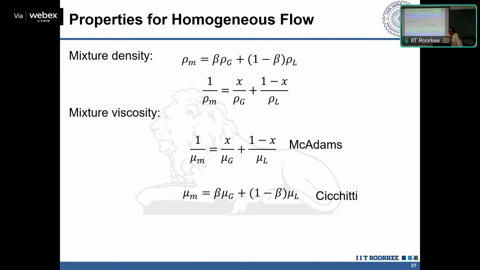This is the major advantage of homogeneous flow: you can estimate the mixture properties using the inlet volume fraction. You don't need the in situ volume fraction or any in situ information for that. There are two ways to estimate. If you have both phases flowing without any phase change, you can go for this.